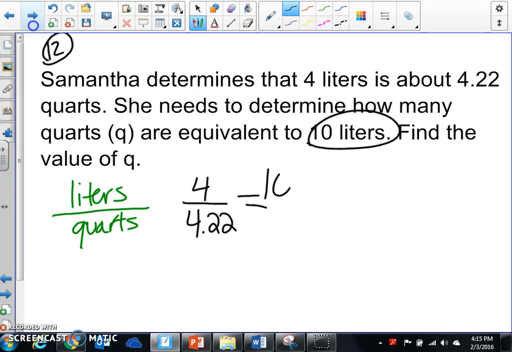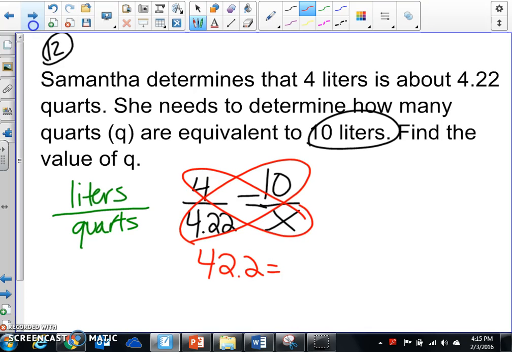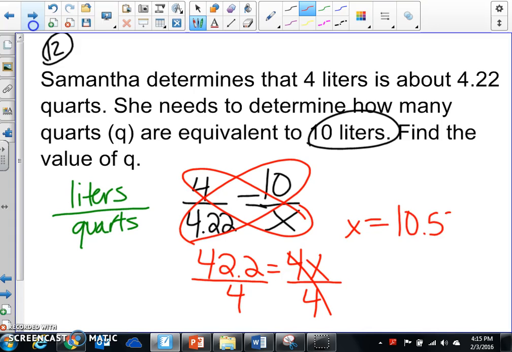Liters is on top. Now we can cross multiply. 4.22 times 10 is 42.2, and 4 times x is 4x. Divide both sides by 4, and you should get x equals 10.55 quarts.